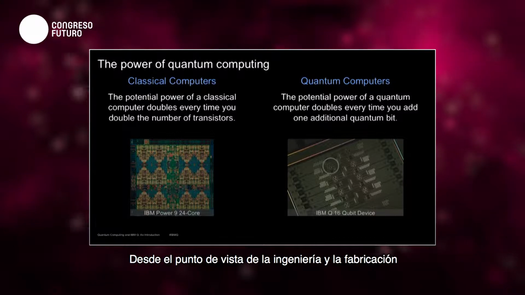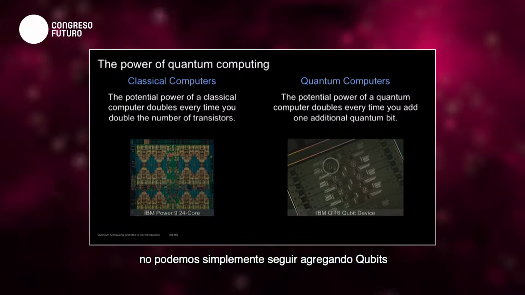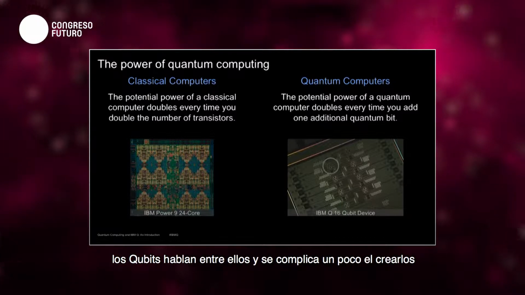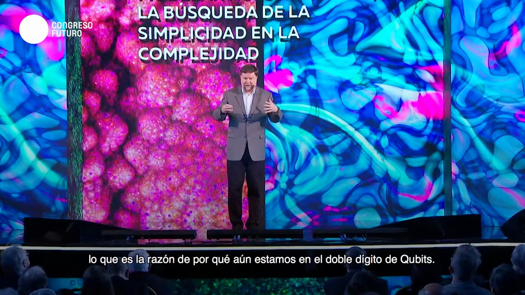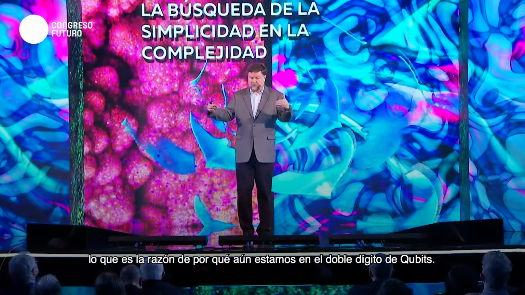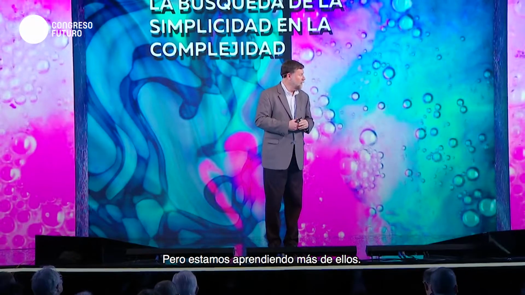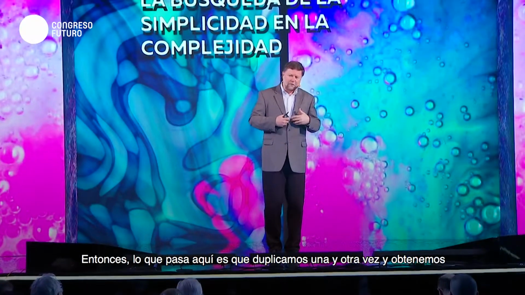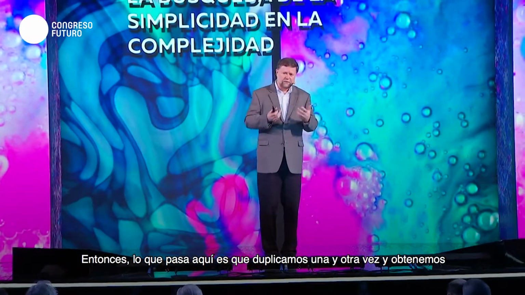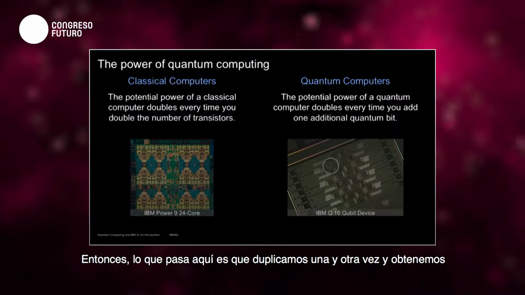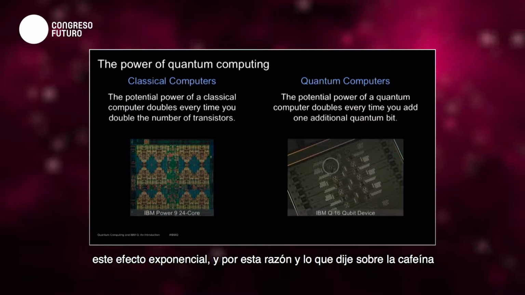Now, engineering-wise and manufacturing-wise, we don't just keep adding more qubits. The qubits actually talk to each other, and it gets somewhat complicated to create these, which is why we're still in only double digit numbers of qubits. But we're learning a whole lot more of that. So what happens here is we double, and we double, and we double, and we get this exponential effect.